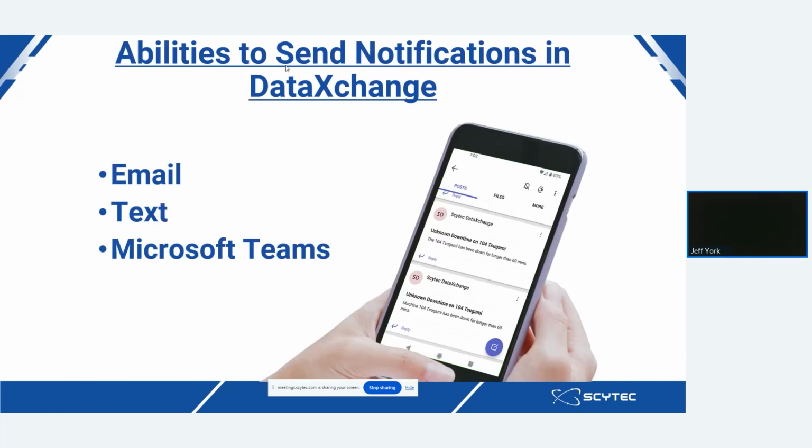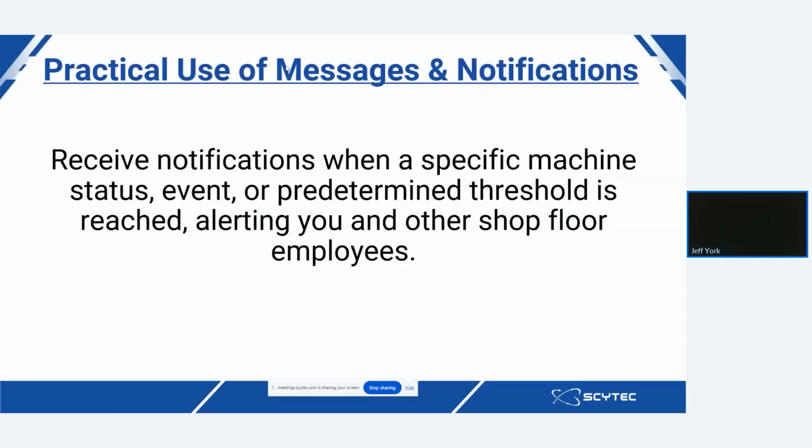So you may already know this, but there are 3 different abilities to send notifications inside of Scytec DataXchange, and those are email, text, and Microsoft Teams. Messaging templates: the practical use of messages and their notifications is to receive notifications when a specific machine status, event, or predetermined threshold is reached, alerting you or other shop floor employees of that event.